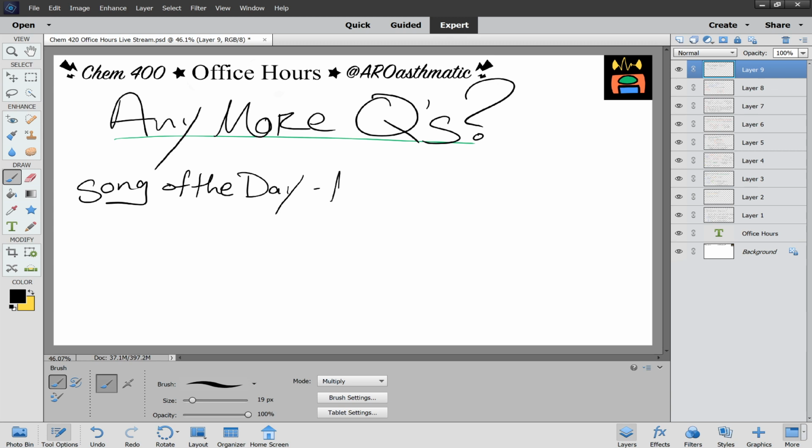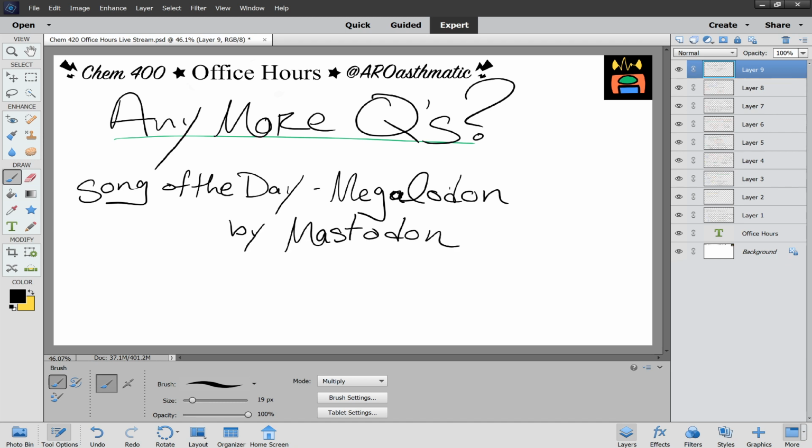Megalodon by Mastodon. I have to say up front that I am by no means a metalhead. I've always gravitated to punk more than metal.